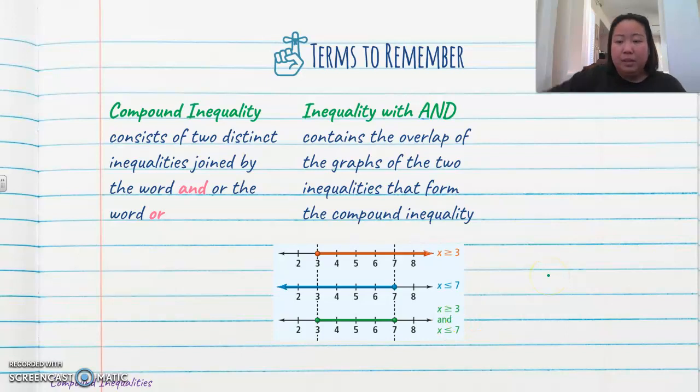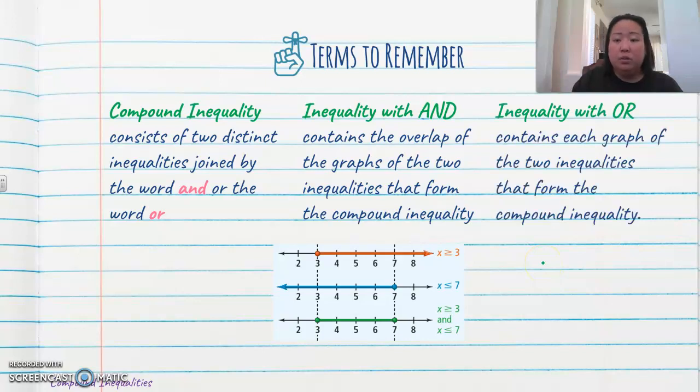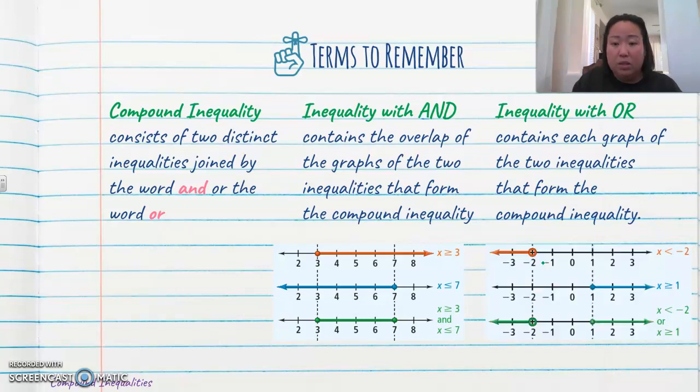All right. So the next one up is the inequality with the word or. It contains each graph of the two inequalities that form the compound inequality. Now in this case, let's say you have this example here: less than -2, so to the left of -2, or greater than or equal to +1, so to the right of +1.